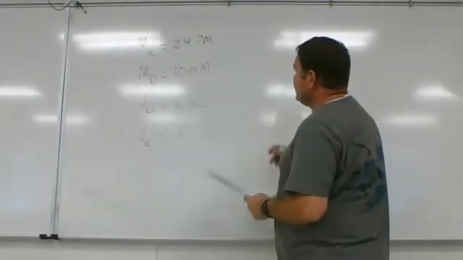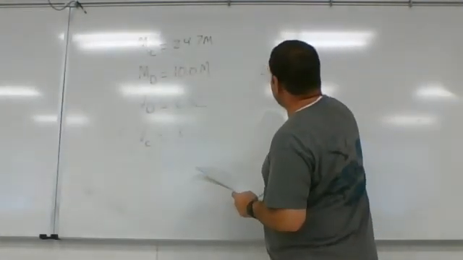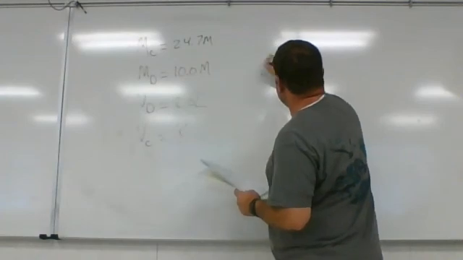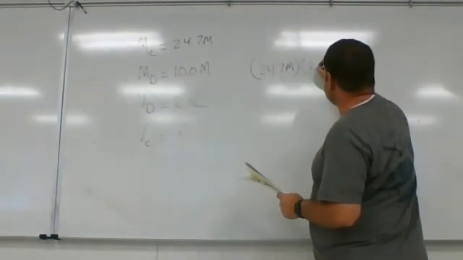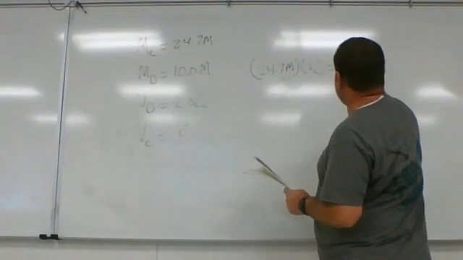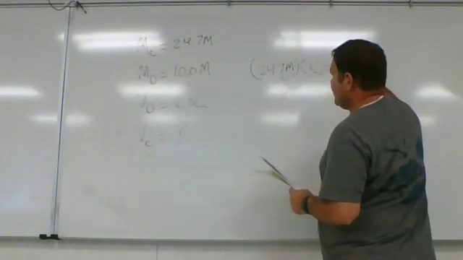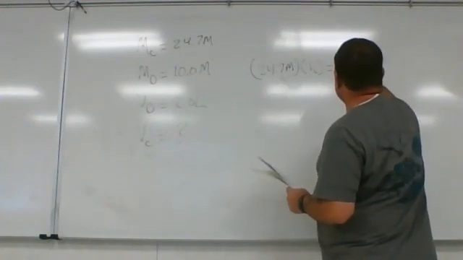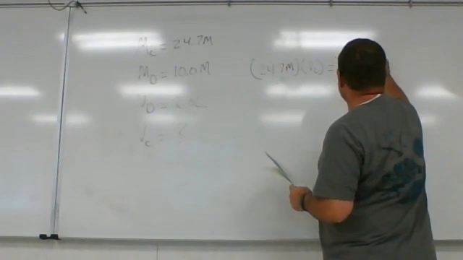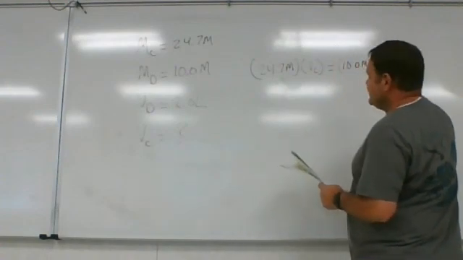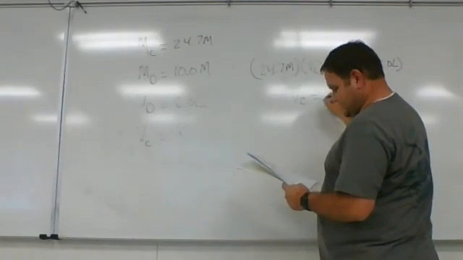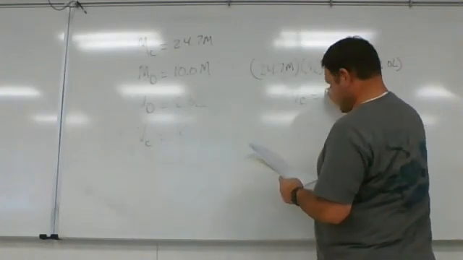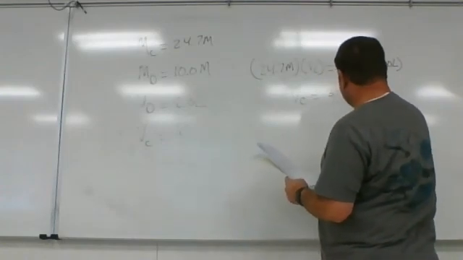So again, I plug it into my equation. I'm going to take 24.7 molar, multiply it by VC, equal to 10.0 molar times 8.0 liters, and the VC, the volume of the concentrate, is 3.24 liters.